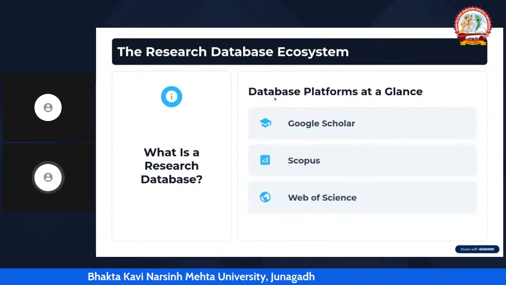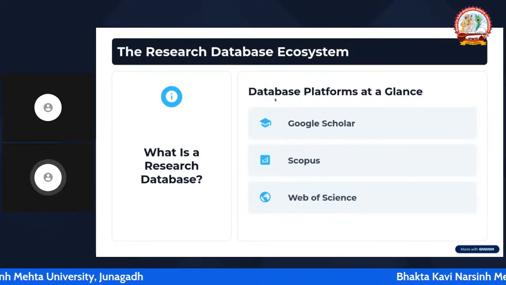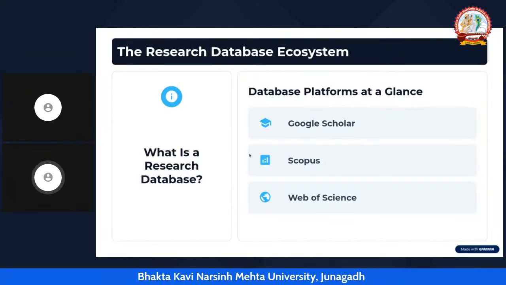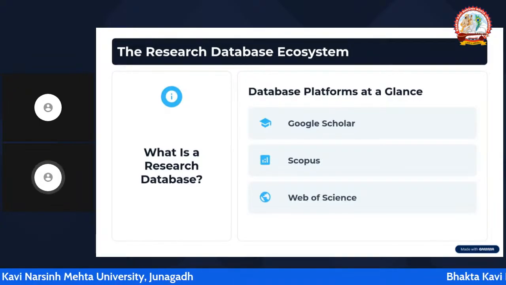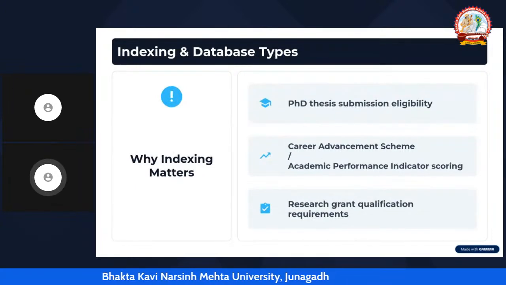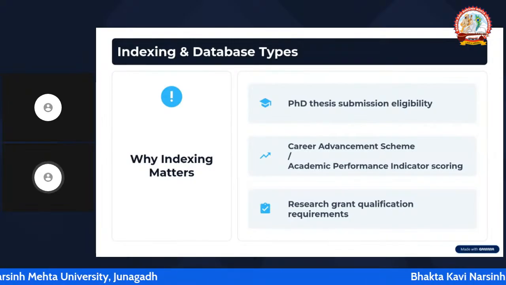In today's seminar, these are the agendas. First, we are discussing the research database ecosystem. In that, we are discussing the research database and the role of Google Scholar, Scopus, as well as Web of Science. After that, we are also discussing indexing and database types.